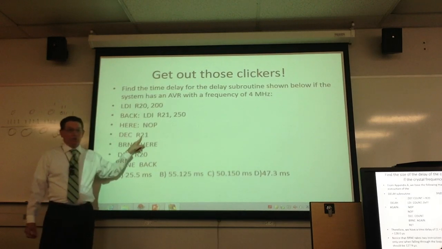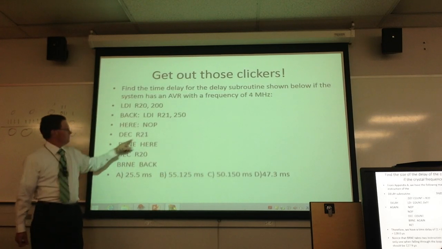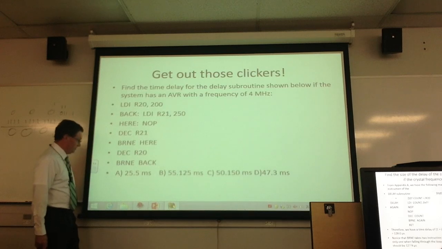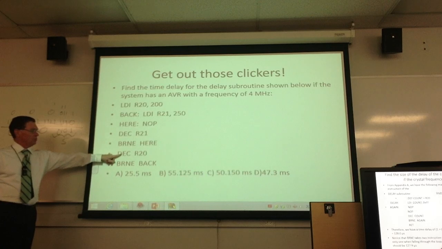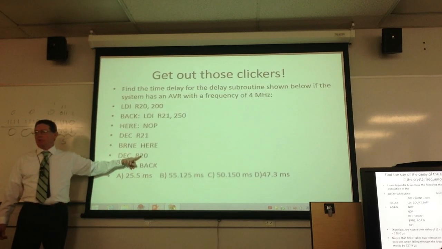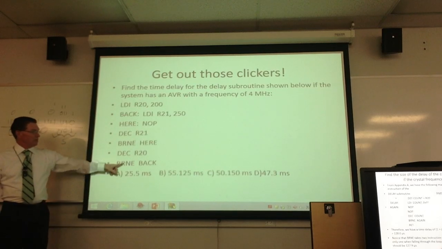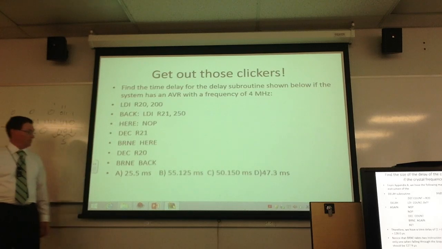Here, 200 times 250. 200 times 250. Branch not equal to, this one here. How many times will this be executed? The decrement R20? 200. Branch not equal to back? 200. And then one for falling out.